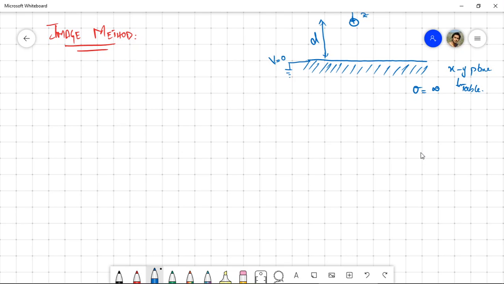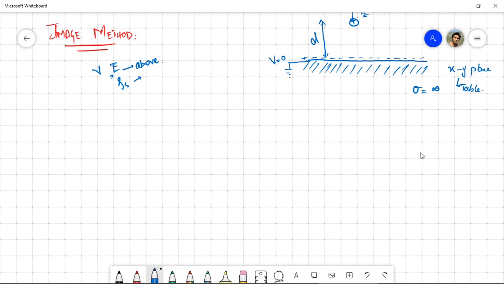We want to calculate the value of V, or the value of E at any point above this plate. Also, we need to calculate the value of rho s that will be induced on the surface of this conducting material due to presence of this charge.